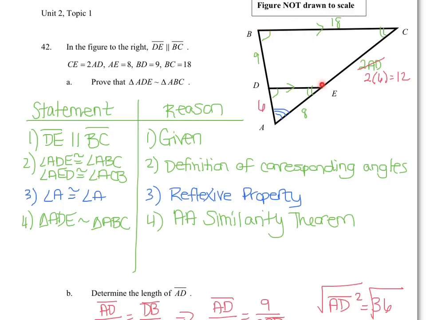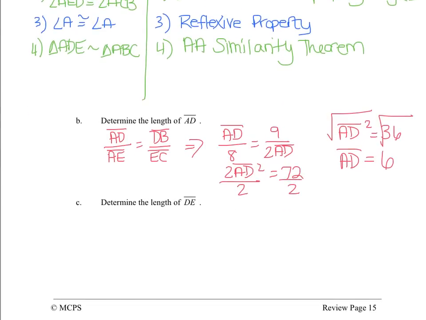Or I could do AE over DE is equal to AC over BC. Either way will give you the same answer. So I'm going to do AD over DE is equal to AB, which really is AD plus DB, over BC.